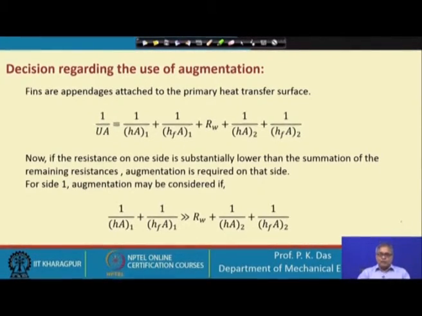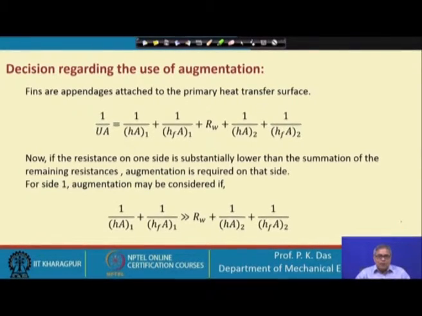You see, resources are not infinite, unfortunately, particularly engineering resources are not infinite. So, suppose I want to improve the performance of a heat exchanger.